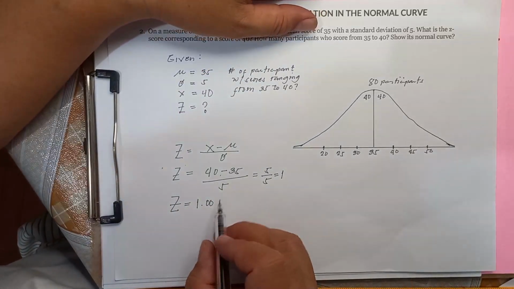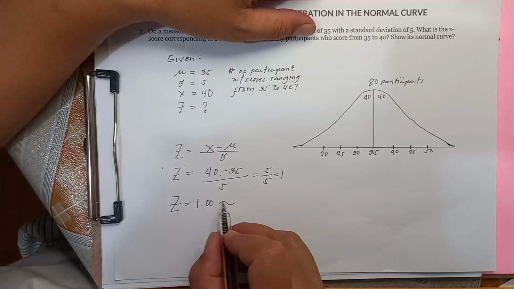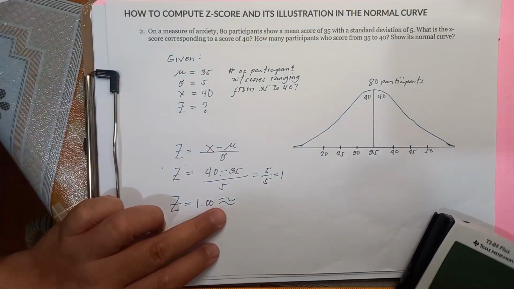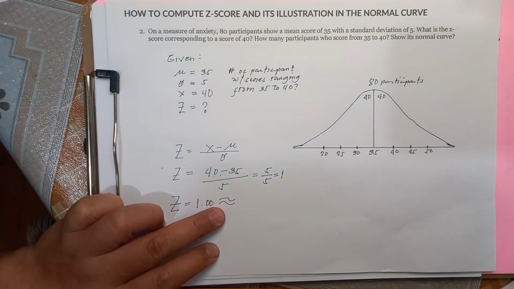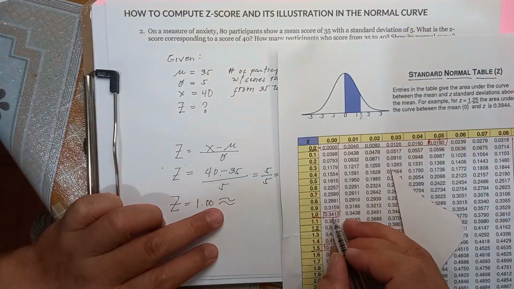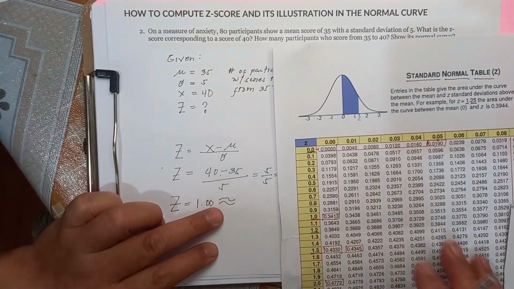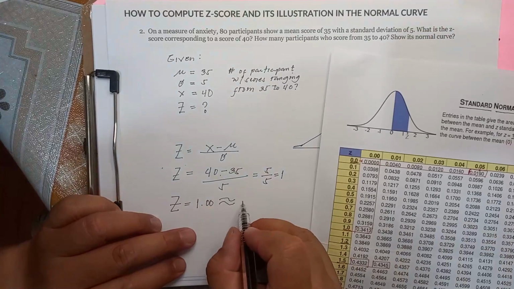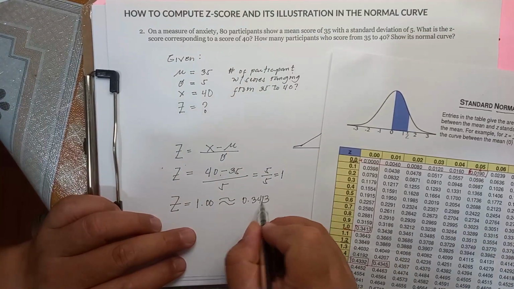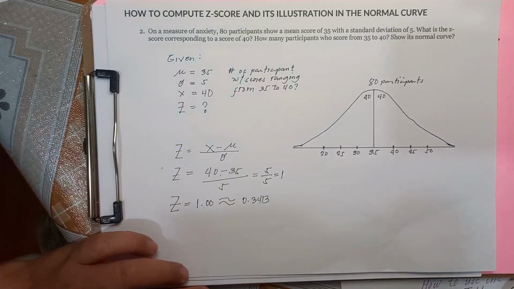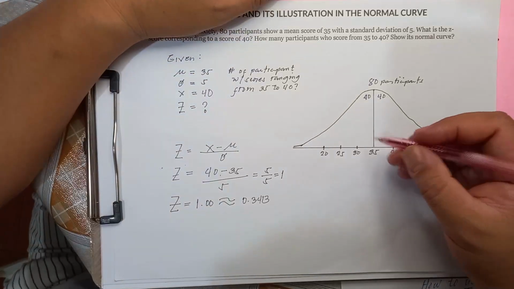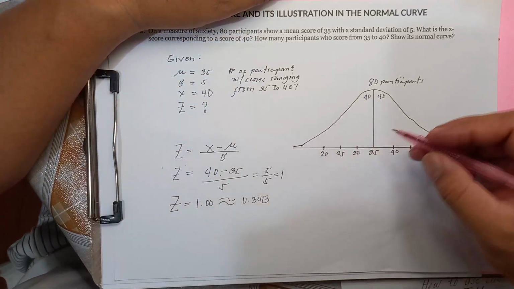So in our table, the corresponding probability, or weight, of this z-score is 0.3413. Where is that located in the normal curve?